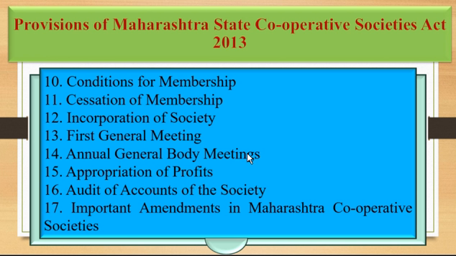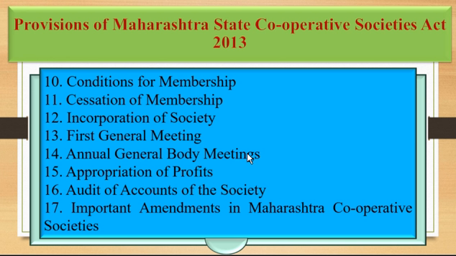Next point is appropriation of profits. In that, after providing for the interest upon any loans and deposits, and after making such other deductions as required under section 65 subsection 1 and 66 of the MCS Act 1960 and rule 49A of MCS Rules 1961, 25% of the net profit of all the business carried on by or on account of the society shall be placed at the credit of the reserve fund of the society.